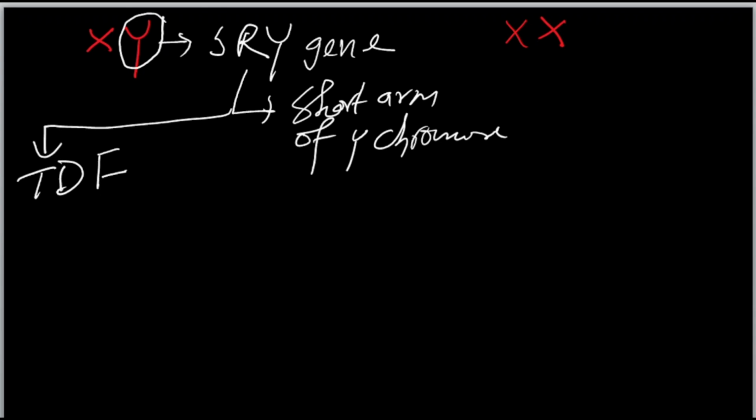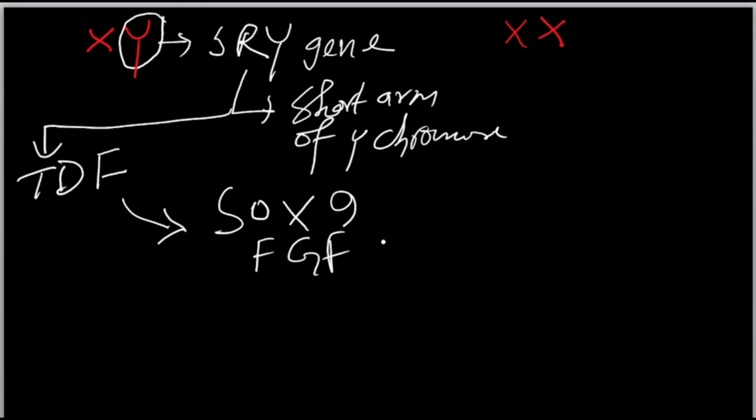If the chromosomal sex is XY, under the influence of the Y chromosome and SRY gene, there is upregulation of other genes known as SOX9 gene and fibroblast growth factor FGF9.